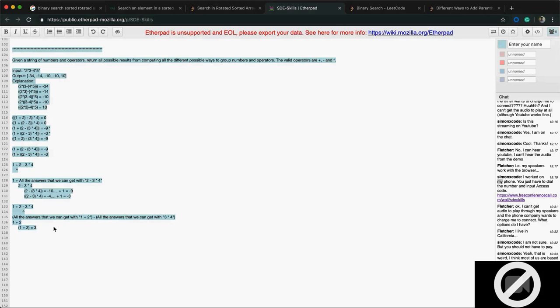In a similar way, how many ways can we get the answer for 3 multiplied by 4? 3 into 4, correct? Yeah. It is 12. Now if we combine the answers, the number of ways we can get the answers with 1 plus 2 is only 1, which is 3, and the number of ways we can get the answers with 3 into 4 is 12.